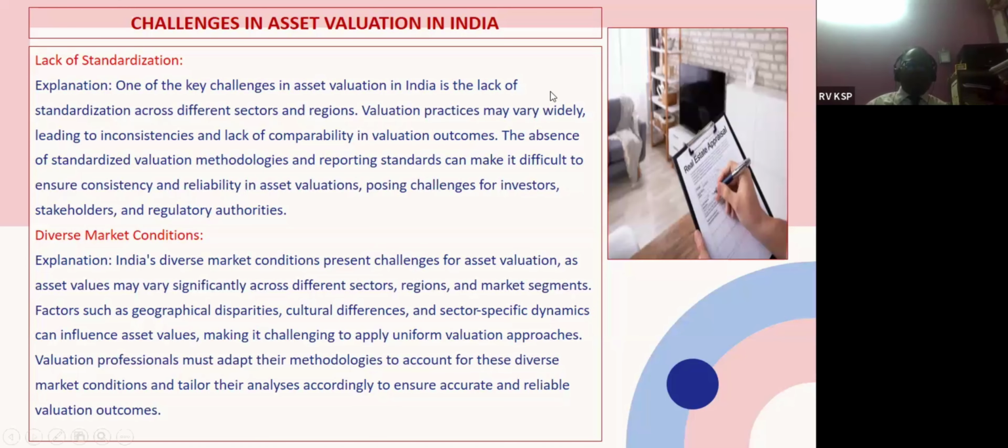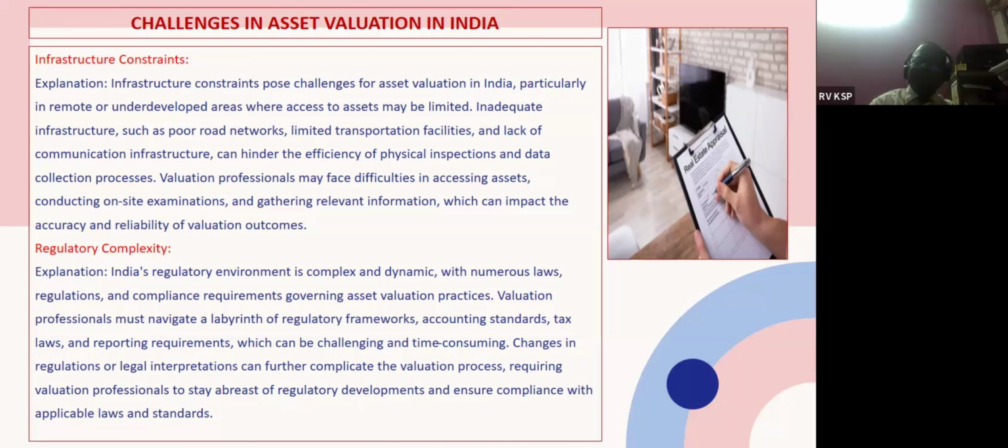Infrastructure constraints. We follow this. This poses challenges for asset valuation, particularly in remote, underdeveloped areas where access to assets may be limited. I told you just now. Inadequate infrastructure, such as a poor road network, limited transportation facilities, and lack of communication infrastructure, all this can hinder the efficiency of the physical inspections and data collection process.